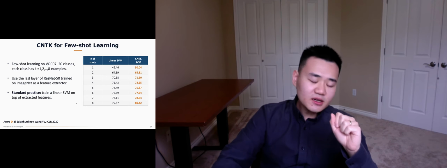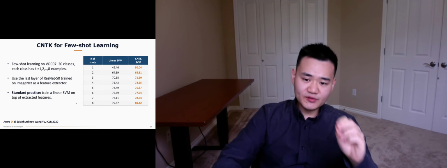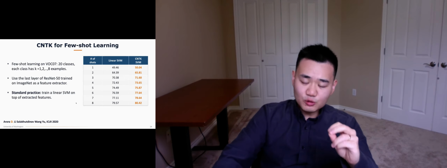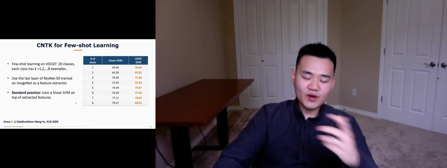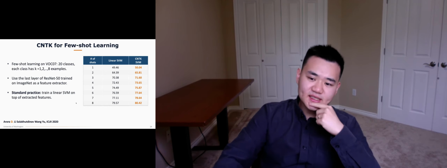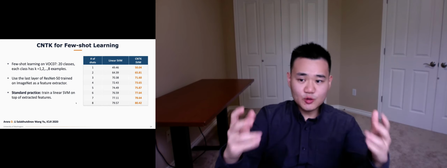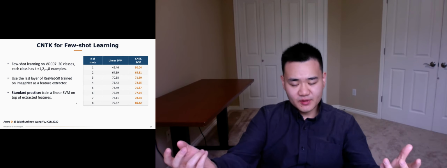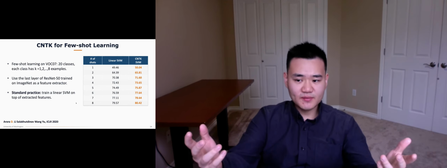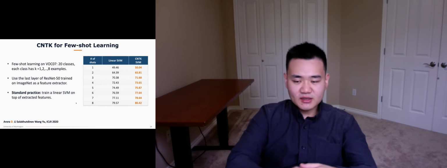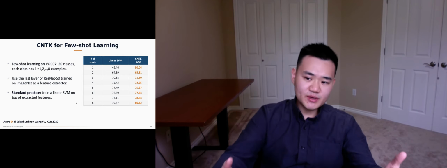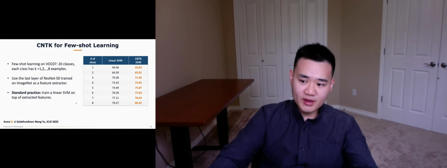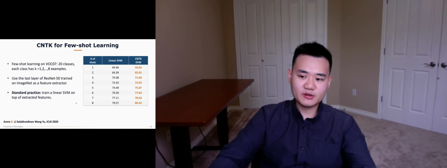Here, our main modification is that we replace this linear SVM with a convolutional neural network kernel. Why should we use this? Because this is an image dataset, so we should use a convolutional operation in our prediction, even in few-shot learning. But the linear SVM does not have this property, so we use a convolutional neural network kernel SVM. It's a kernel SVM, but the kernel is a convolutional neural network kernel.